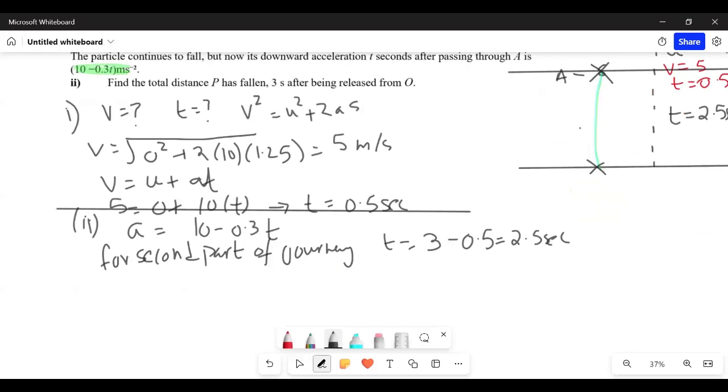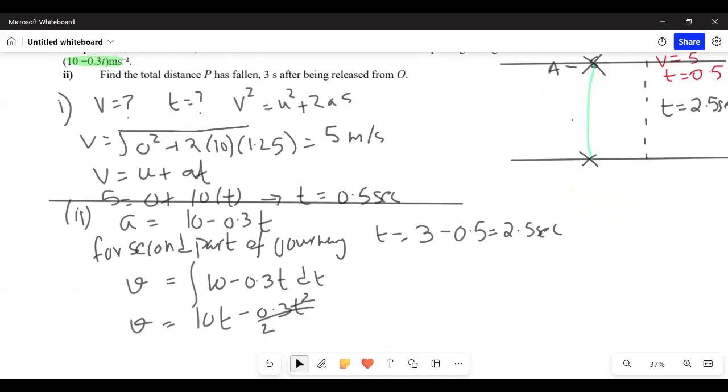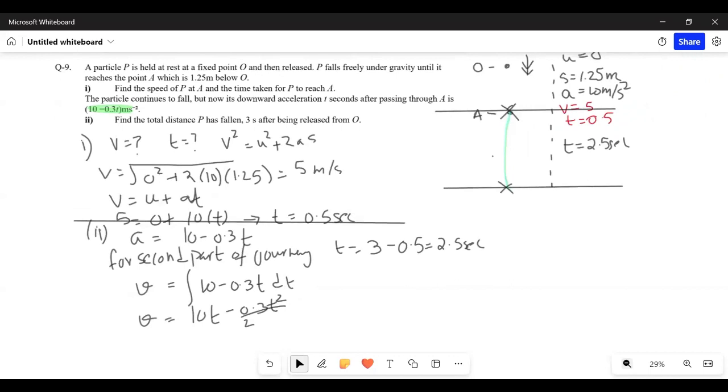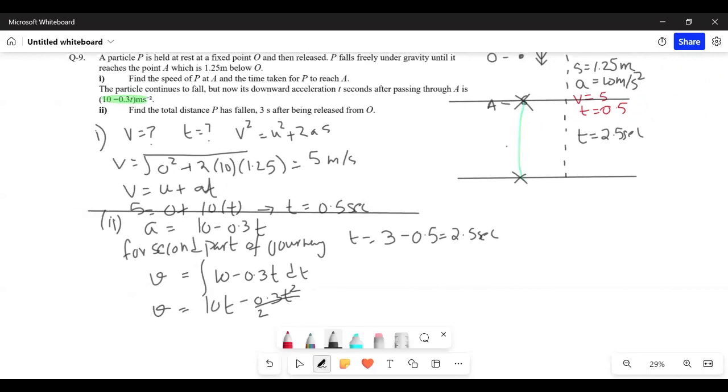So v would be the integral of 10 minus 0.3 t, which would be 10t minus 0.3 t square upon 2, plus c, because we will have to integrate this again.